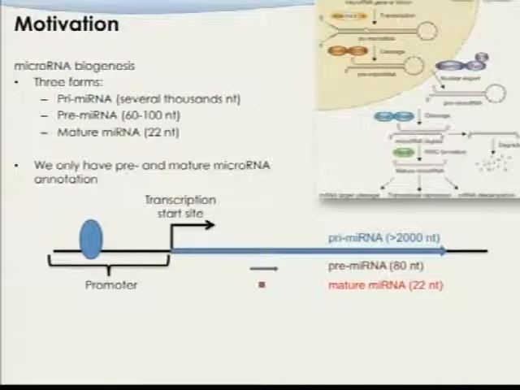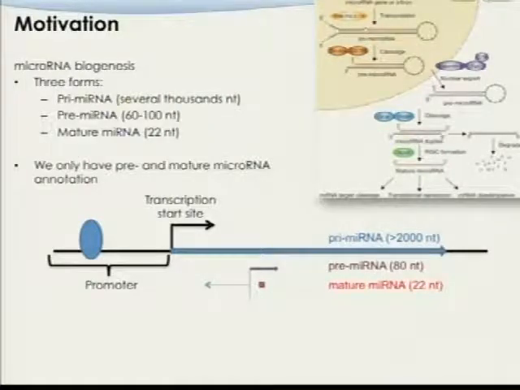So we better know the promoter regions of this microRNA. But actually, when we go to the microRNA database, what we get is always this part, which is the start and end of the precursor or mature microRNA. So we never had the primary form where the start is. And there's no database on that. People don't know that very well.